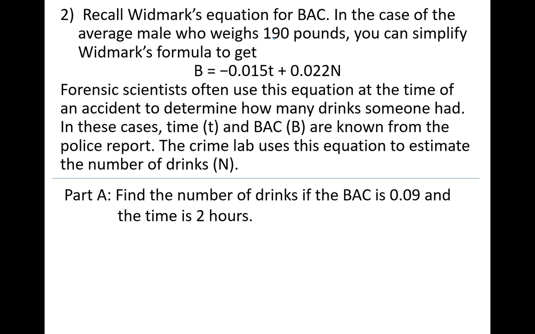So we take our formula, and we're going to fill in blood alcohol 0.09 equals negative 0.015 times the time, which is 2 hours, plus 0.022 N. We want to find N. First thing that I would do is go ahead and multiply here.